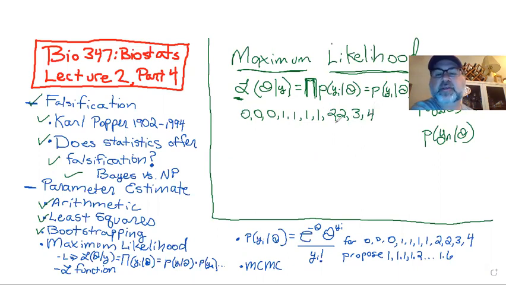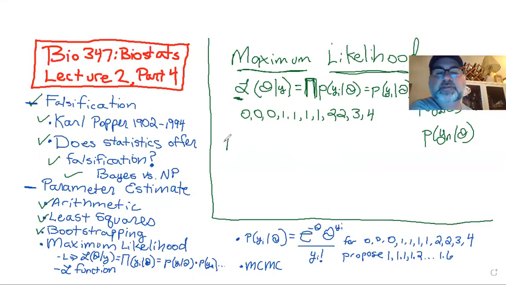When you have counts like this, you can calculate the probability of each of these observations. Let's say this is the number of deer you see in a field. You say, what's the probability of seeing 0 deer, 0 deer, 1 deer, 1 deer, 1 deer, 1 deer? And you want to know what's the maximum likelihood estimate.